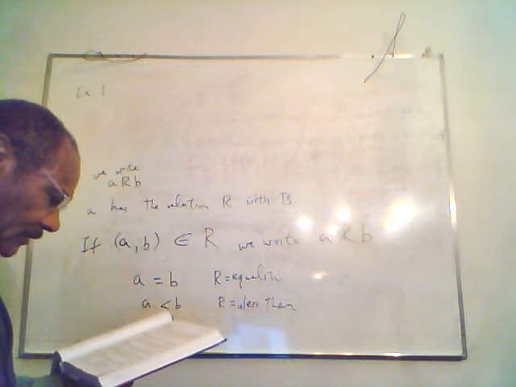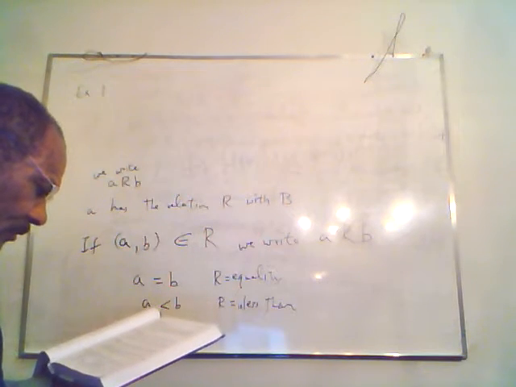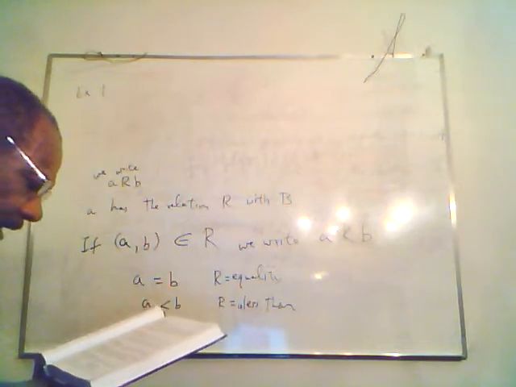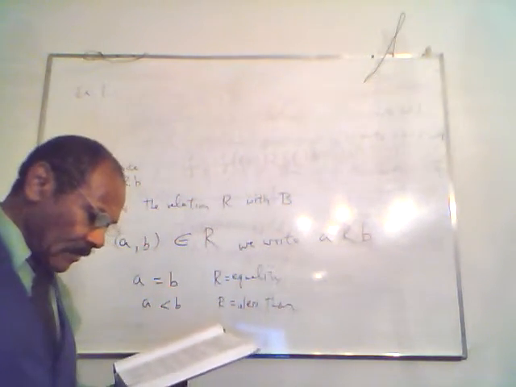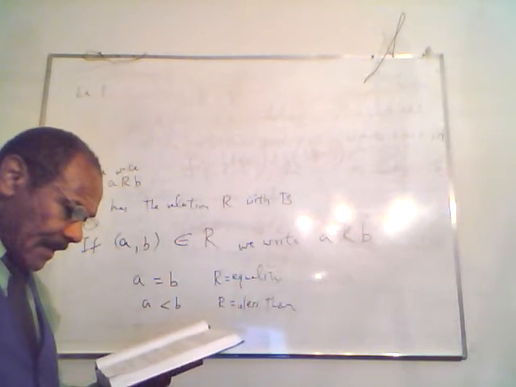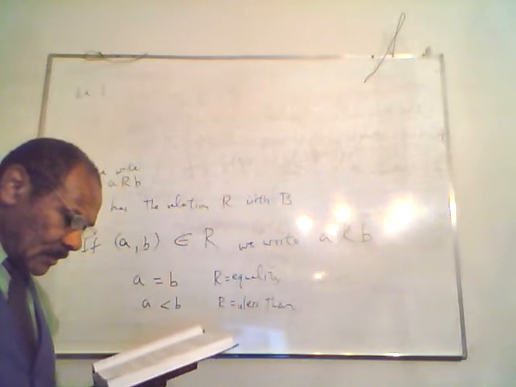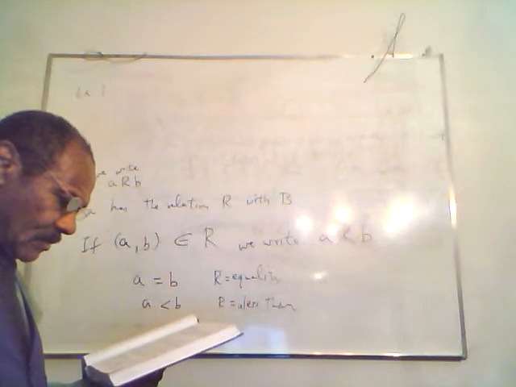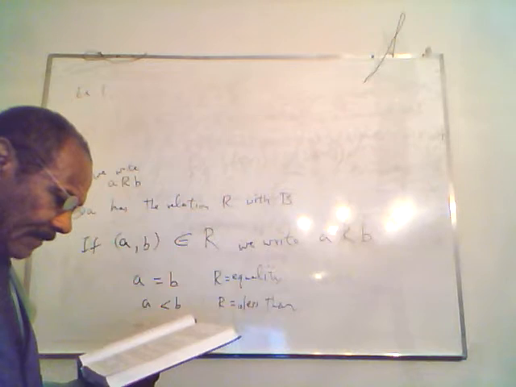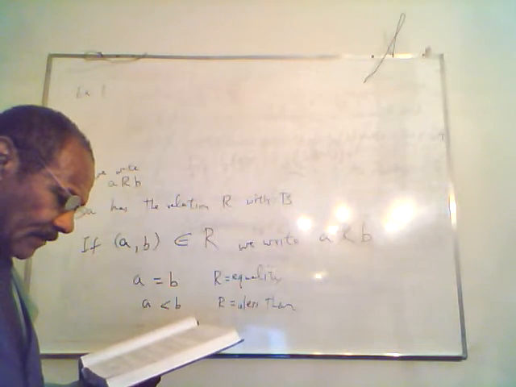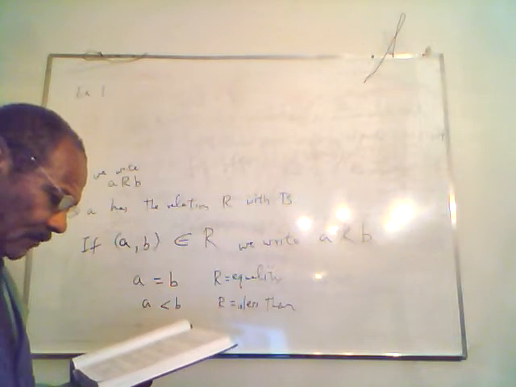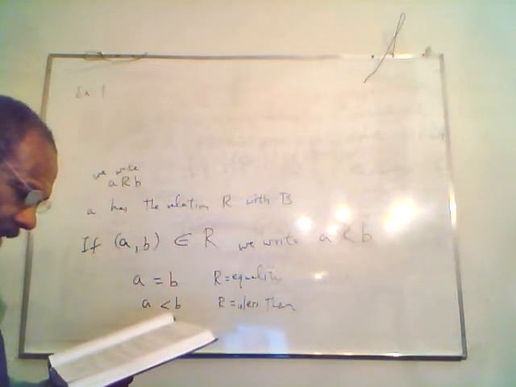Then 5 R -2, 5 R 2, -5 R -2, and -5 R 2. But 2 is not related to 5 because there's no ordered pair (2, 5). So 2 is not related to 5, 5 is not related to 5. There's no ordered pair coming from that set of numbers.